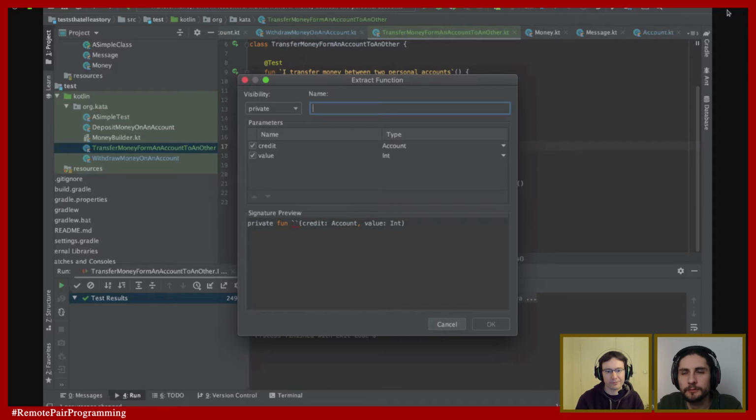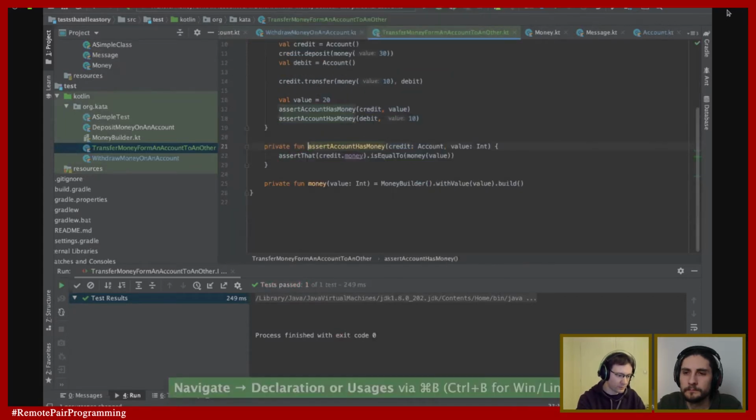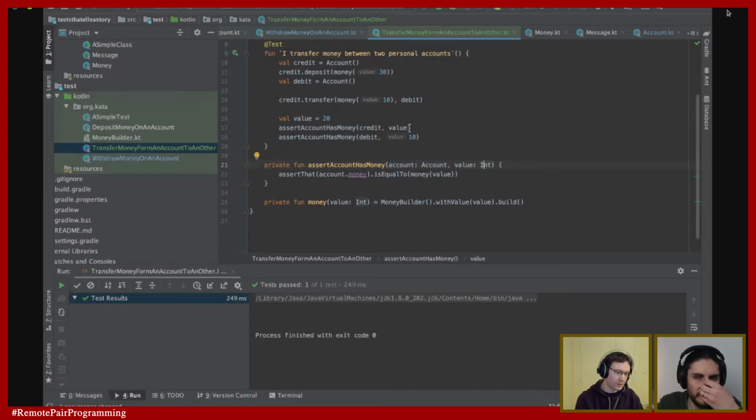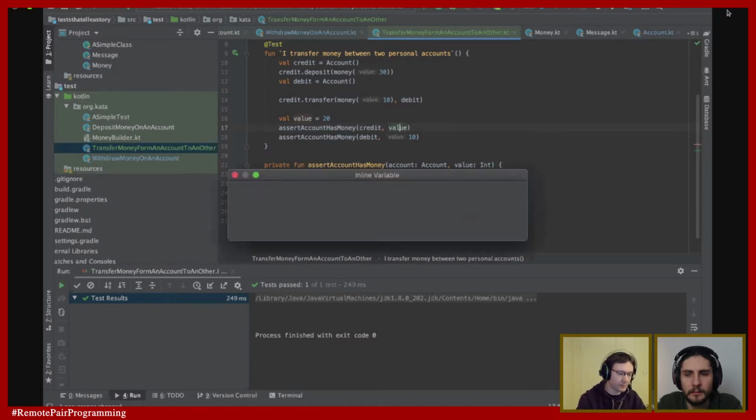Yeah, I think assert account has money. We can have money decide there as well, right? Maybe. Okay, we can.